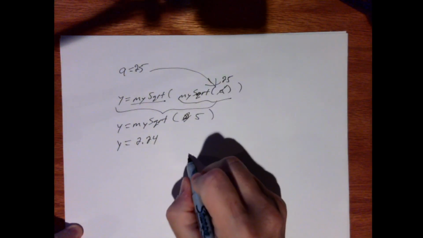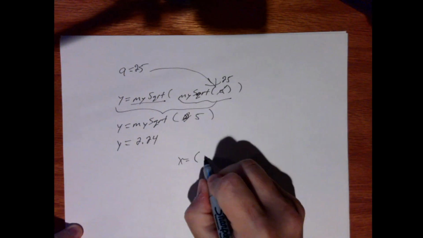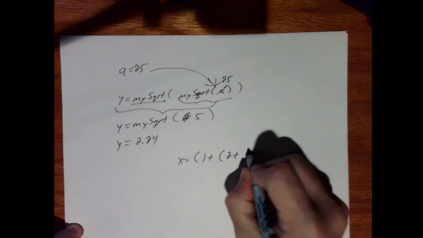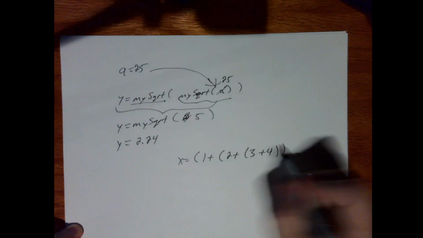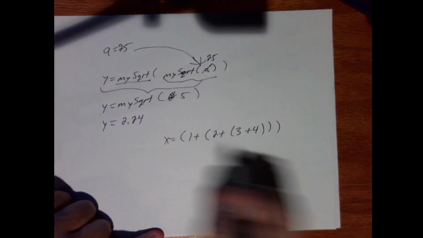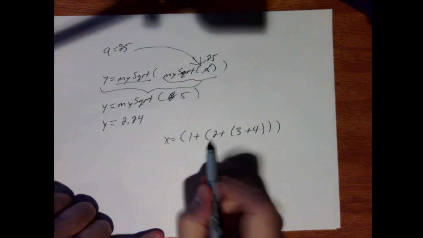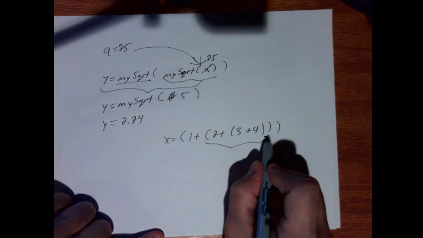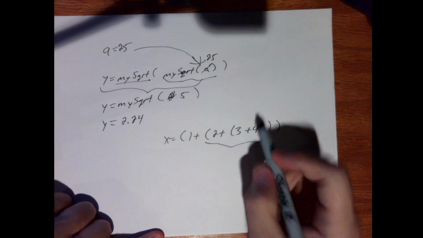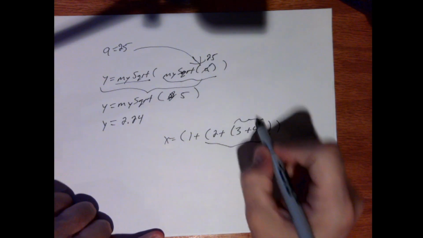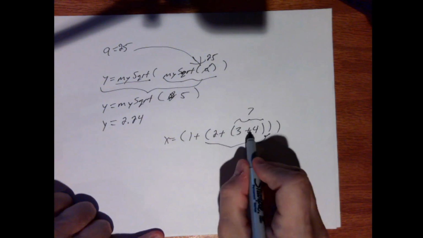So it's just like when you do other things with parentheses. If I had x is equal to this, 1 plus 2 plus 3 plus 4, 1, 2, 3. How do we evaluate this? Well, I don't know what to add to 1 until I evaluate this. Well, I don't know what 2 it needs to be added to until I evaluate this. So this becomes 7. So I get 2 and 7, right?